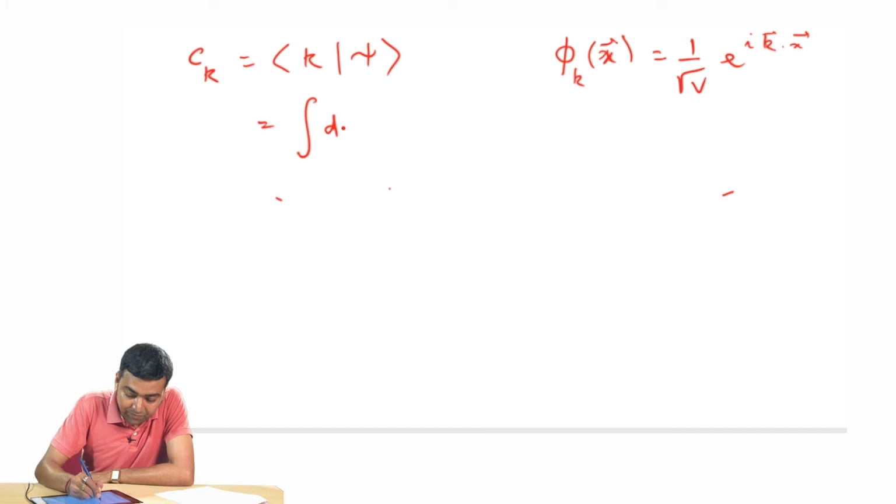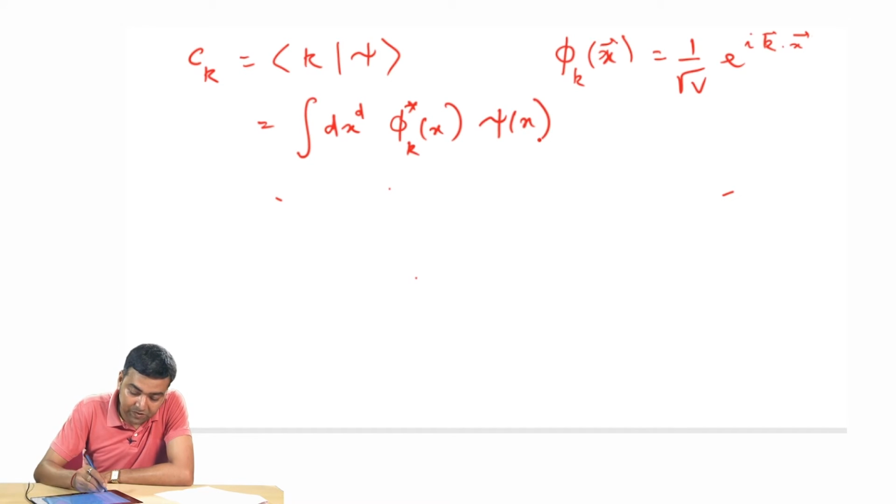So, how will I compute this? The k will come as the complex conjugate here. So, it will be phi star k of x, and then we have psi of x.